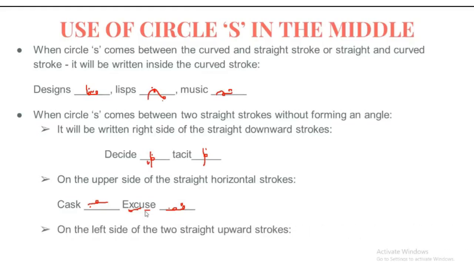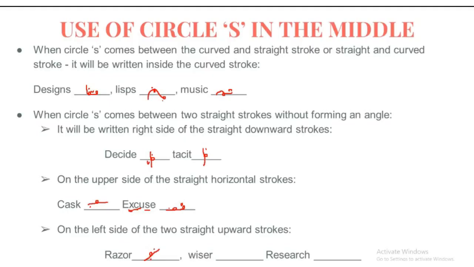On the left side of the two straight upper stroke. For example, razor. In case of razor, there are two upper stroke, ray and ray. Ray on the left side, ray and ray.